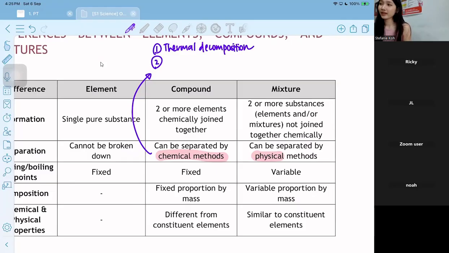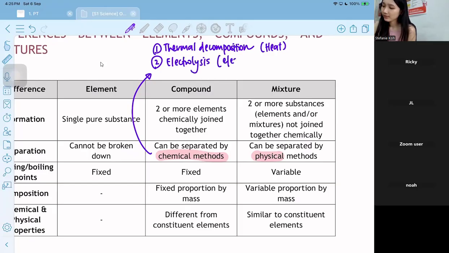That's the first method. Second method is when you use electricity and it breaks down. Electrolysis. So these two are the chemical methods that you need to know to break down a compound.